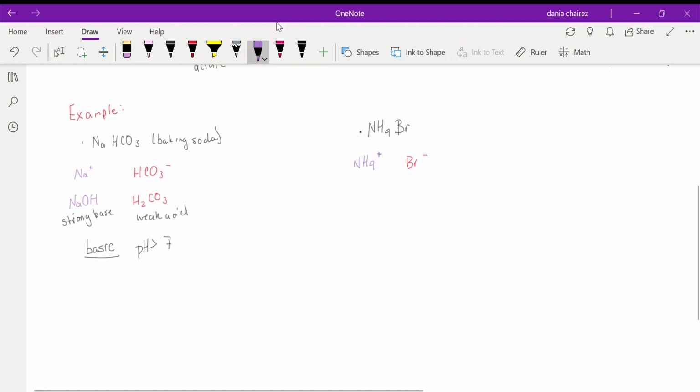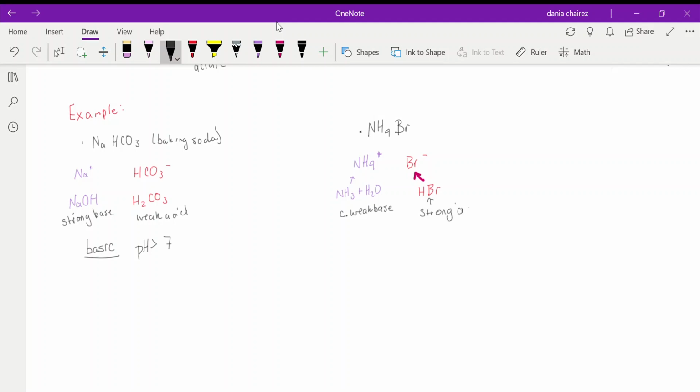So our NH4 is the conjugate of NH3 plus water, and our Br is the conjugate of HBr. So, okay, our NH4 we know is the conjugate of our weak base, right? And then HBr, hopefully you guys remember, is a strong acid.